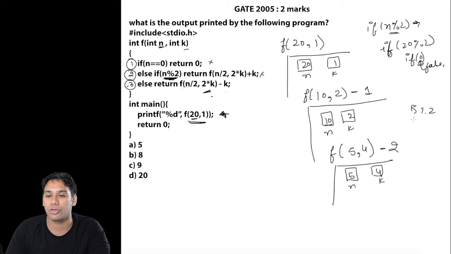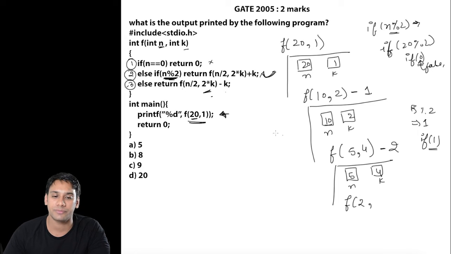It gives 1 as remainder, because if you divide 5 by 2 you get a remainder of 1. So the second statement becomes if 1, and if 1 means true, so we execute this second statement. It returns f of n by 2, and the value of n is 5, so 5 by 2 gives us 2 only, because n is an integer, comma 2 into k, and the value of k is 4, so that gives 8, plus k, so we add this 4 here.